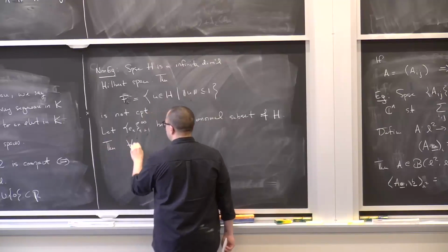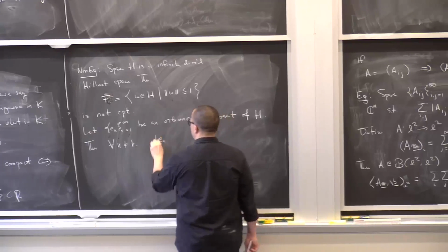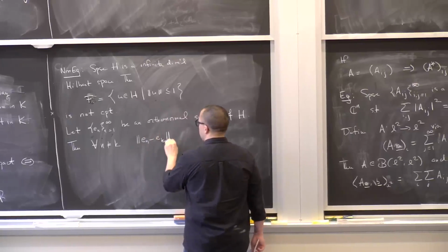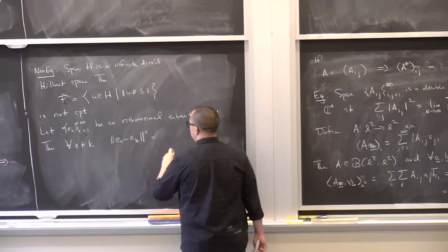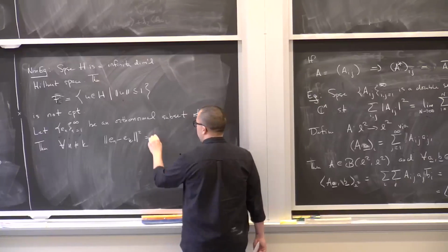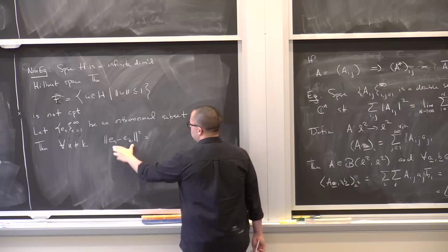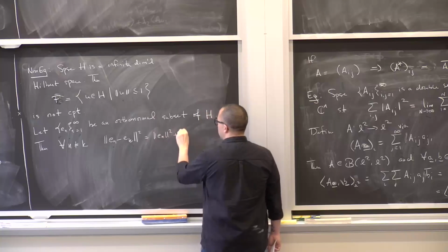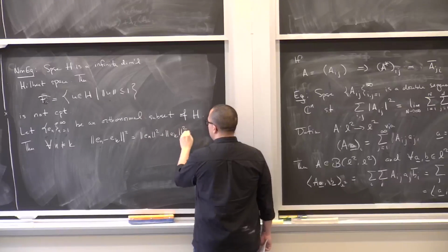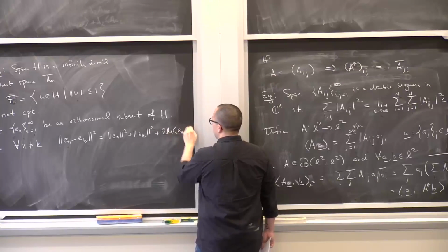Then for all n not equal to k, we get that the norm of e_n minus e_k, squared, is equal to norm e_n squared plus norm e_k squared plus 2 real part of the inner product of e_n and e_k.